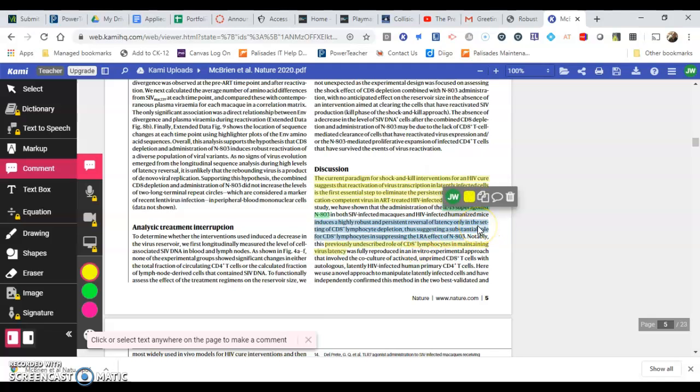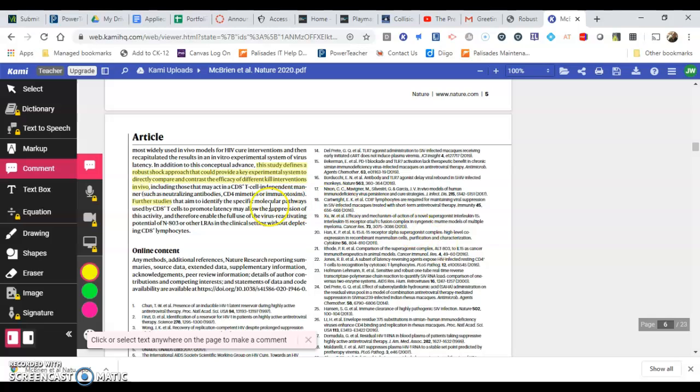It induced a highly robust and persistent reversal of the latency. And so that means that it scared out the virus that was hiding in cells, and then they used the immune therapy to then kill the virus. And so this is previously undescribed, so this is a novel approach. This is new research, and that's pretty cool.